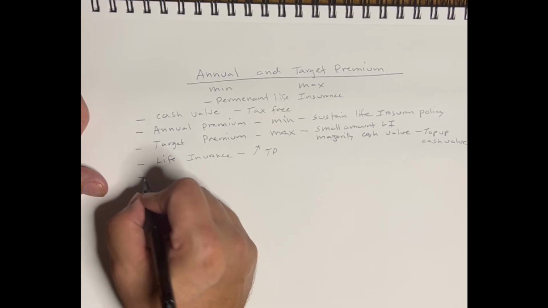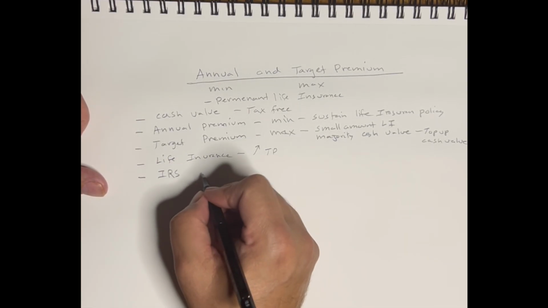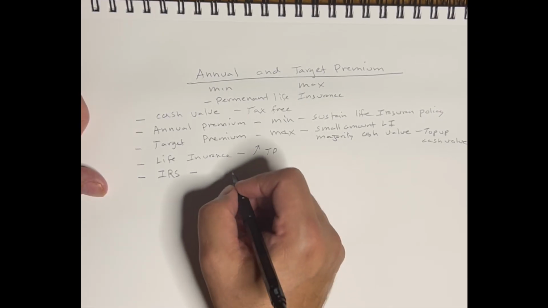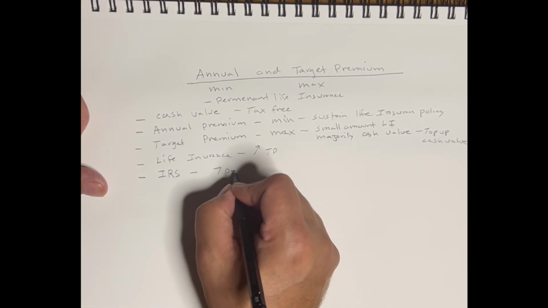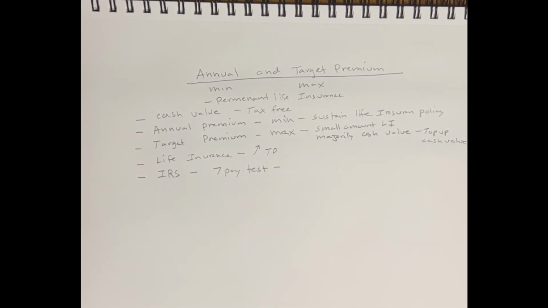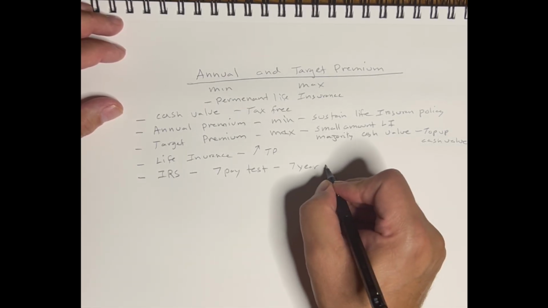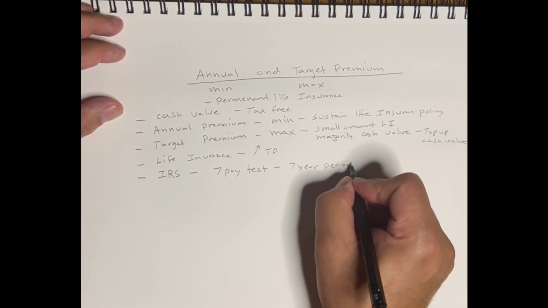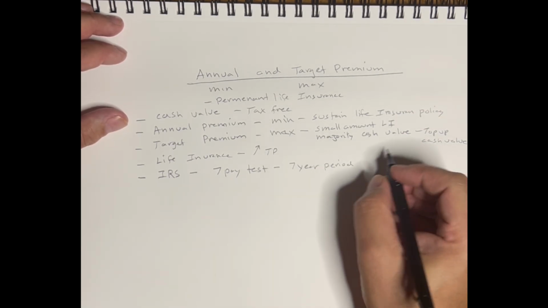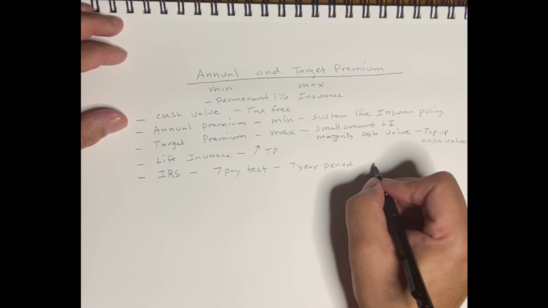The IRS rule regarding this is what they call the 7-pay test. The IRS is going to say, we want you to use this as a life insurance policy, but we want you to take advantage of the cash value, but we're going to limit you in a 7-year period on the amount that you can put into it.